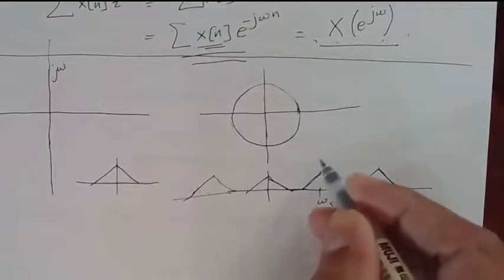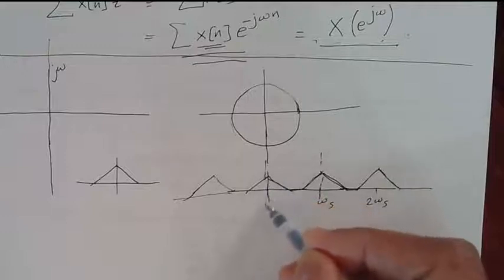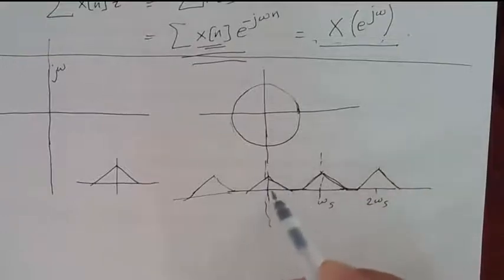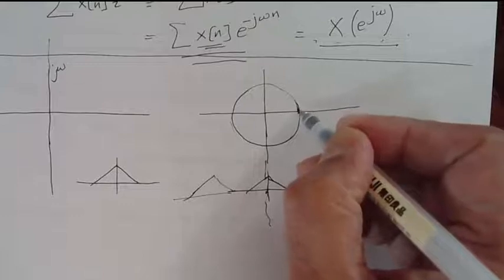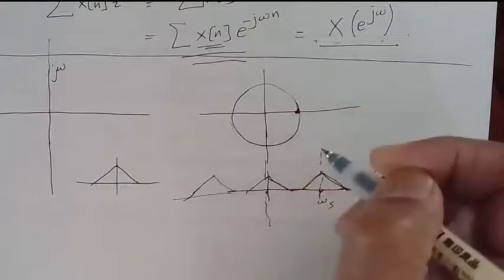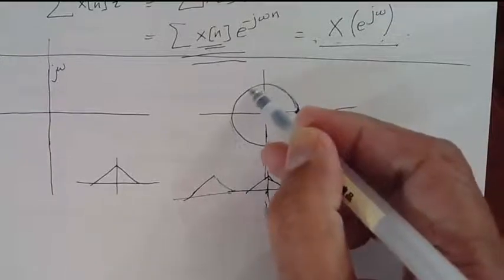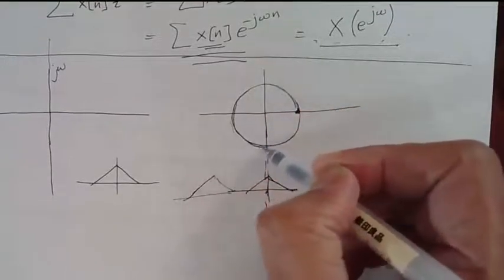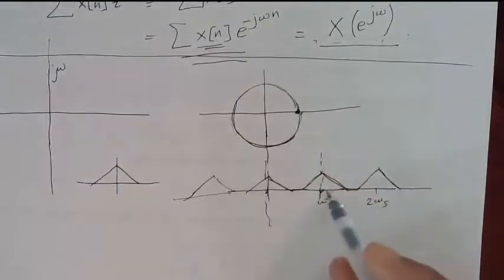As far as the discrete function is concerned, all the distinct values that I can get are between 0 and omega sub s. And that's what we have here too. This point corresponds to the 0 frequency, and as we go around, when we get to 2 pi, this point corresponds to the sampling frequency.